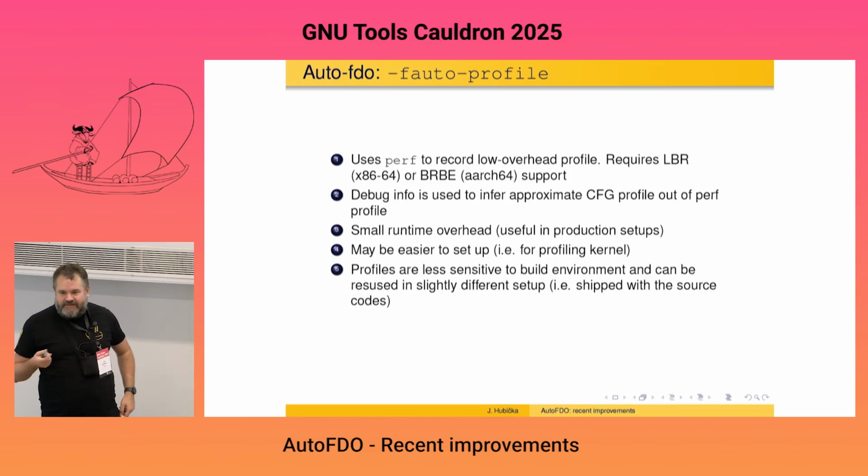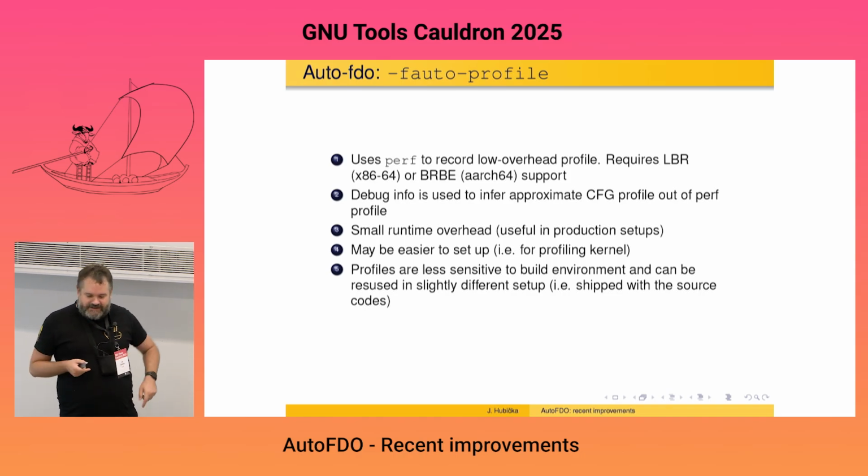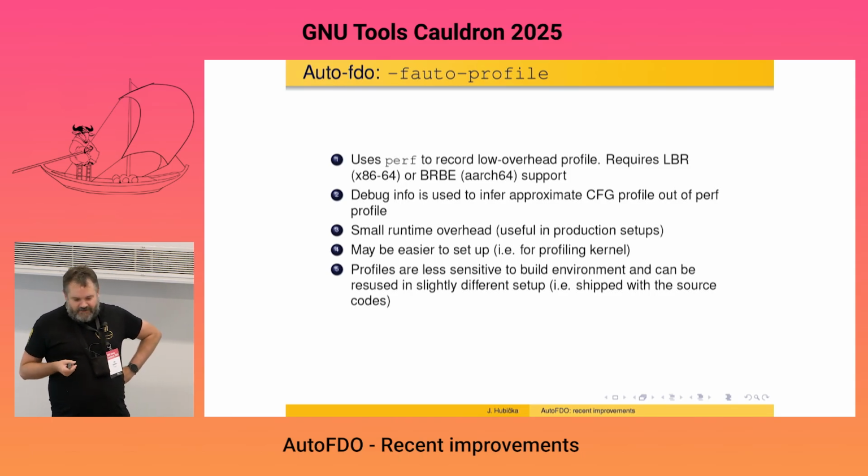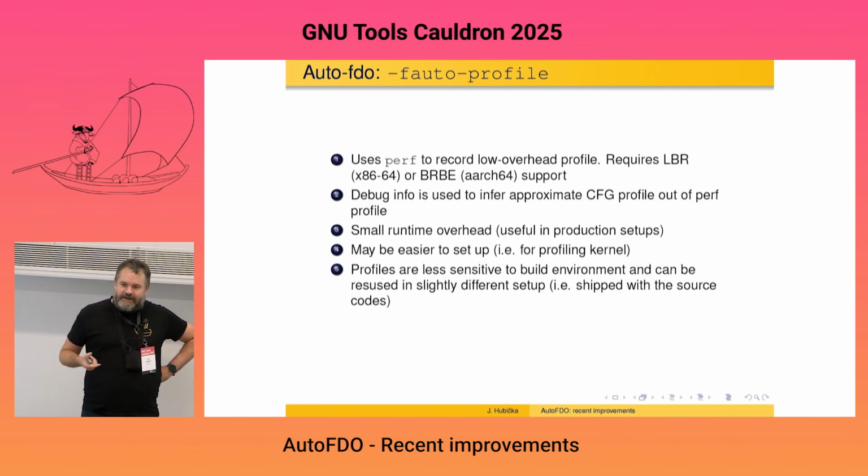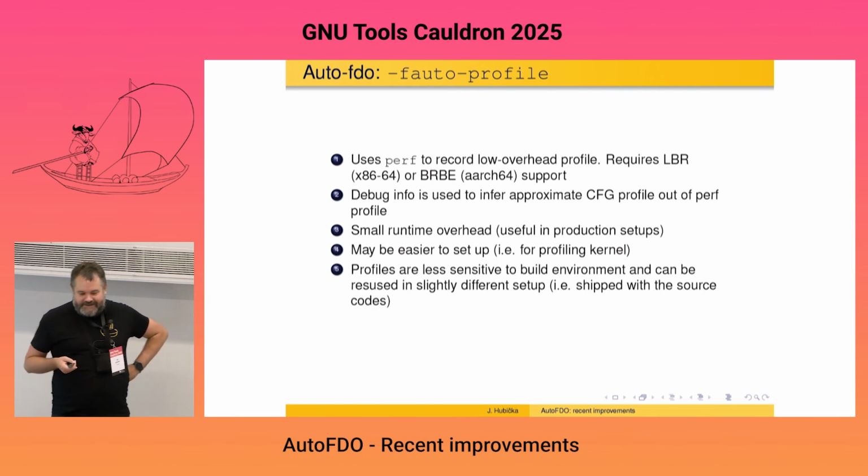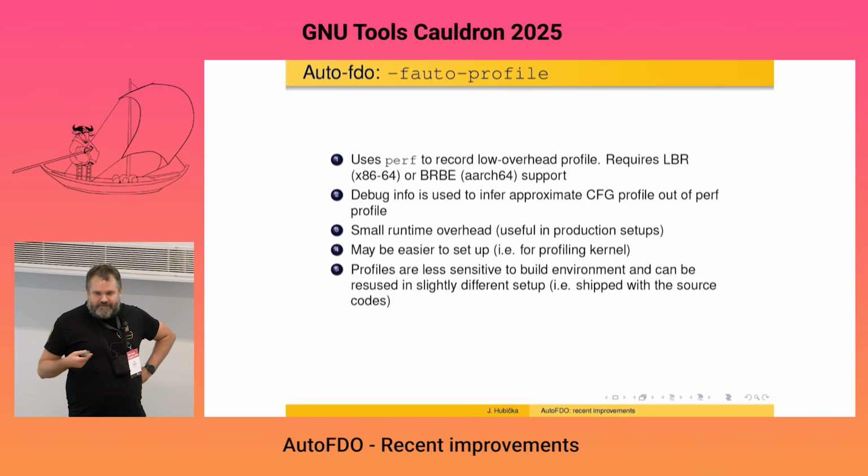That gets you pretty good data on how the program is behaving. Once you have the profile, you can use the debug info to get information about the expected execution counts of the statements. And that's used by GCC to optimize.